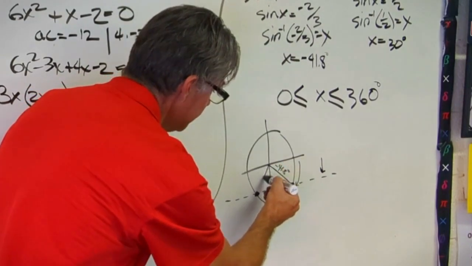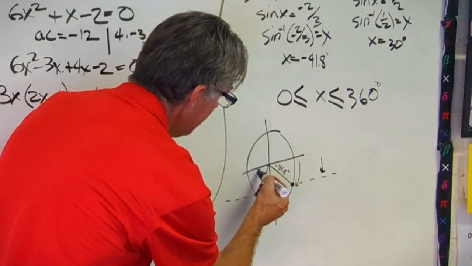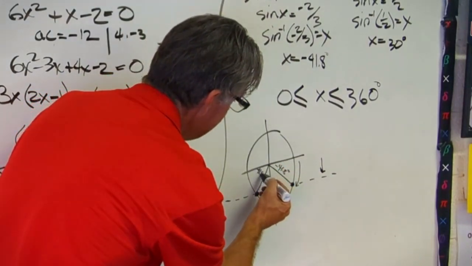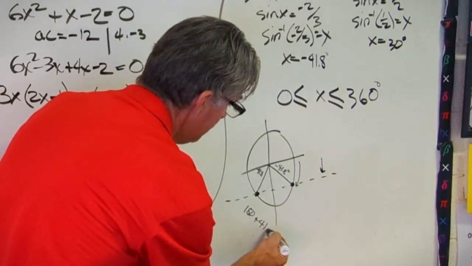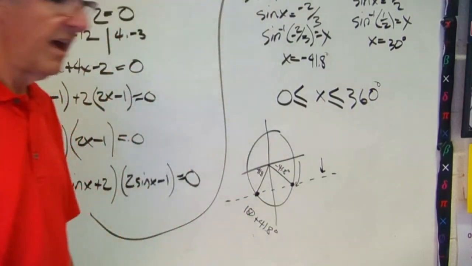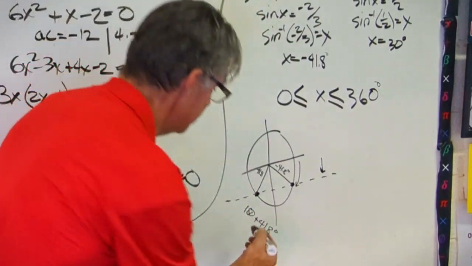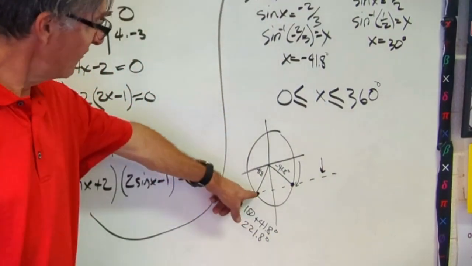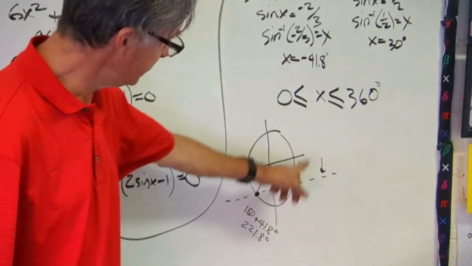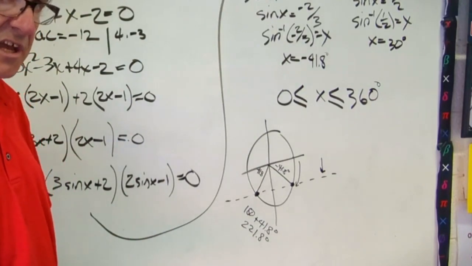So that angle is this one here, and this is also 41.8. So this first one is 180 plus 41.8 degrees. And that is the value. So this is 221.8 degrees. So that's the first angle in 0 to 360. Now pause the video and figure out the second one.